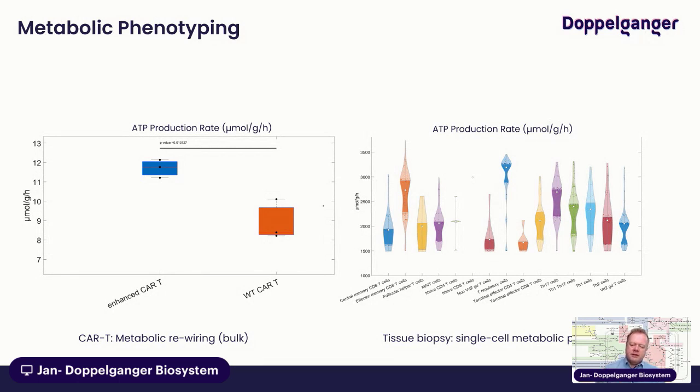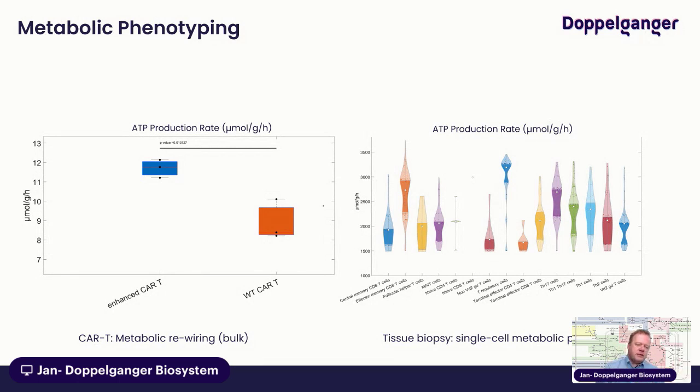You see that the ATP production rate, which is very important if you think about exhaustion processes, is about 25% higher as compared to the wild type construct.